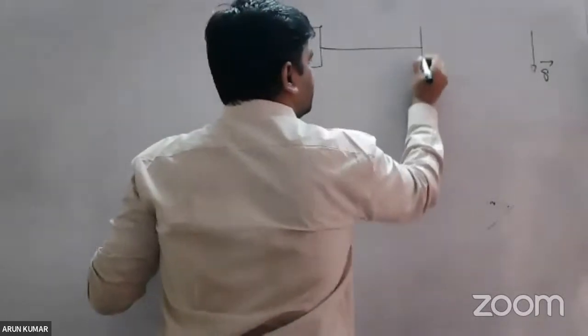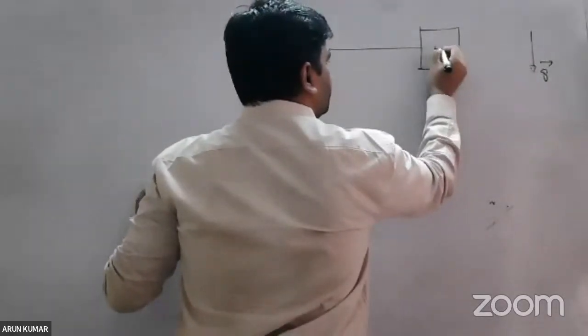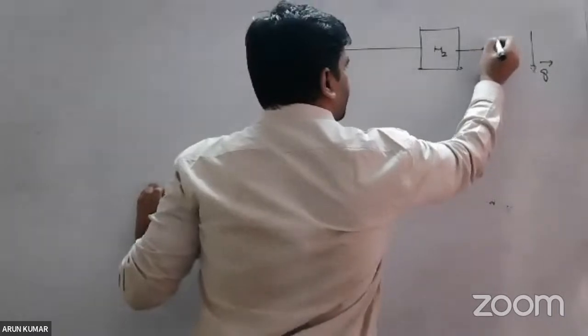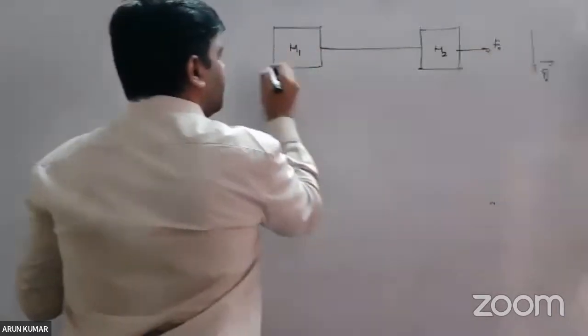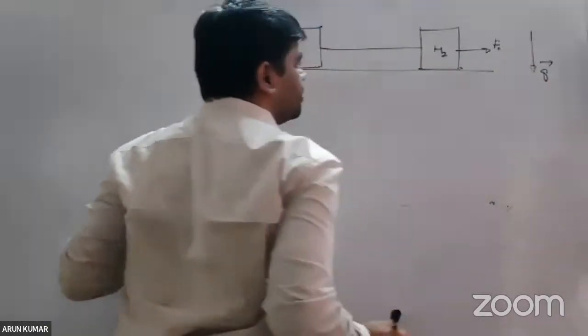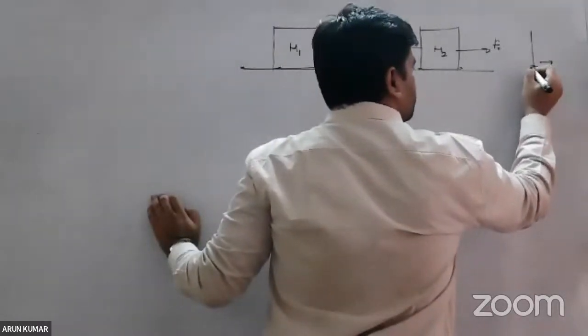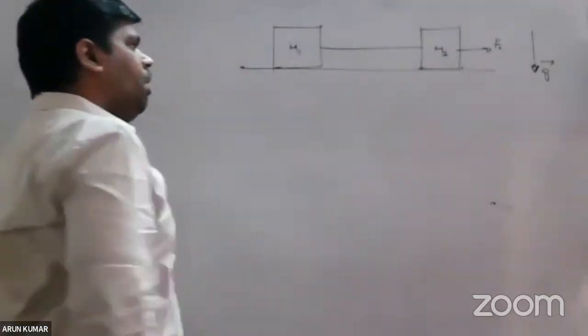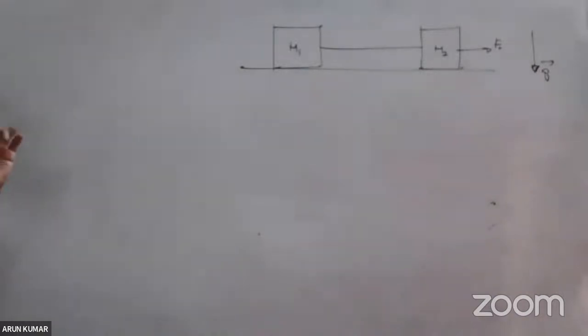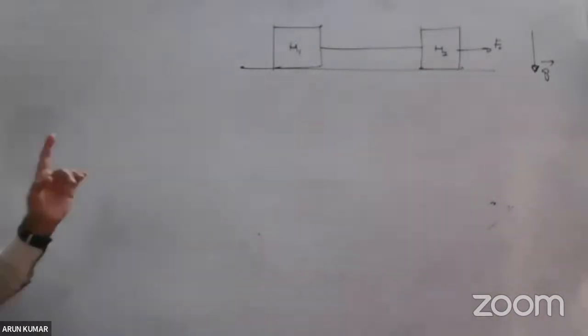There's a string here. There's another block of mass M2, and some force is applied over here, F naught. The horizontal surface is smooth. G is acting vertically downwards. We are required to find the tension in the string and the acceleration.